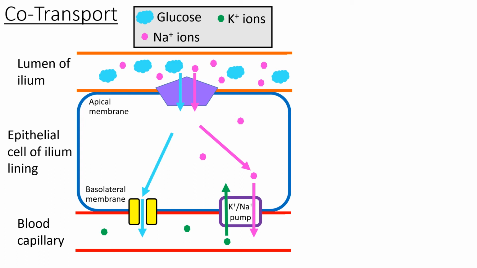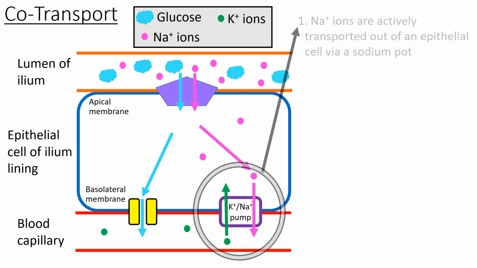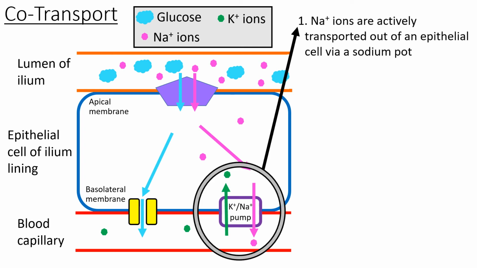The entire mechanism, as we said, co-transport, is dependent on active transport of a substance. So we have to start with the active transport of the sodium ions. By actively transporting the sodium out, we are decreasing the concentration of sodium inside the epithelial cells of the ileum.